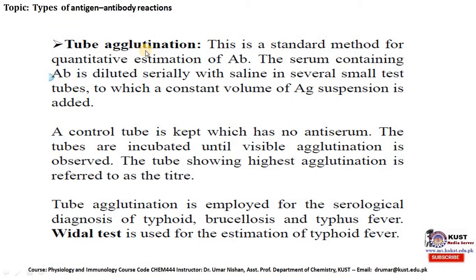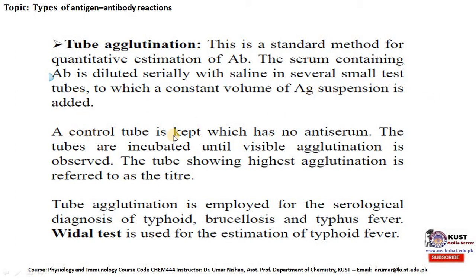Tube agglutination. This is a standard method for quantitative estimation of antibody. The serum containing antibody is diluted serially with saline in several small test tubes to which a constant volume of antigen suspension is added.